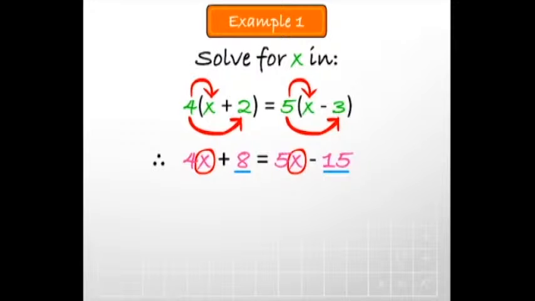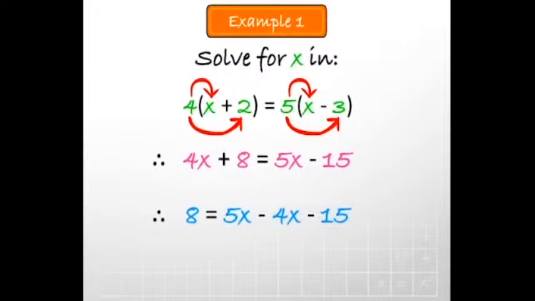So first, let's take the numbers with the x in them to one side. We then get 8 equals 5x minus 4x minus 15. This then gives us 8 is equal to x minus 15, because 5x minus 4x gives us x.